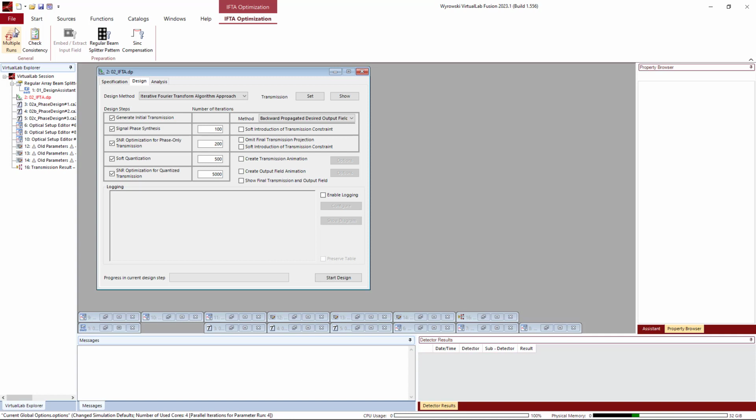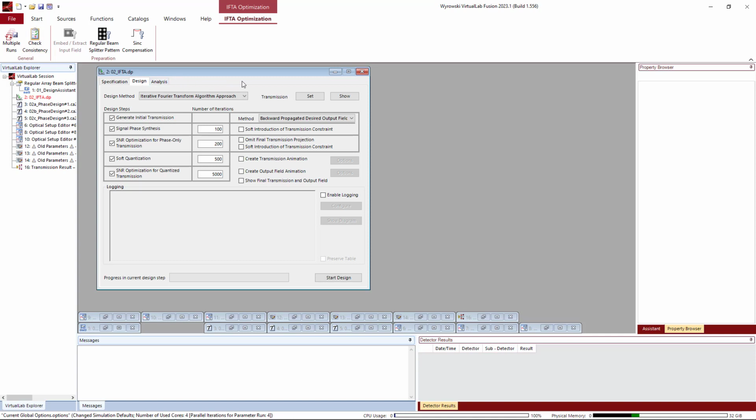And the multiple runs will automatize that process. And this is a good idea because then we have a series of designs, and the trained eye of the optical designer can say, okay, I prefer this design over this one because it would be easier to fabricate, for example. That is one possible reason.